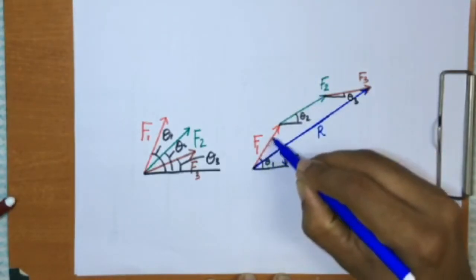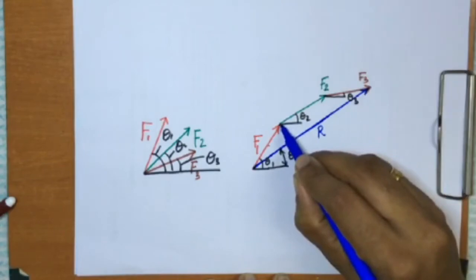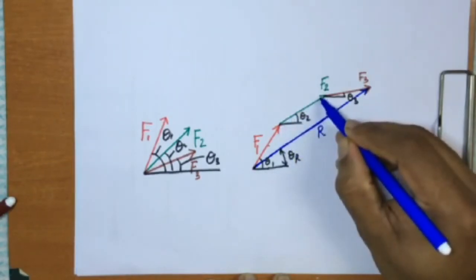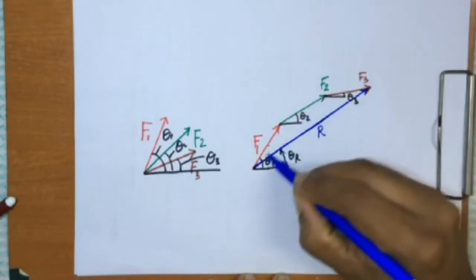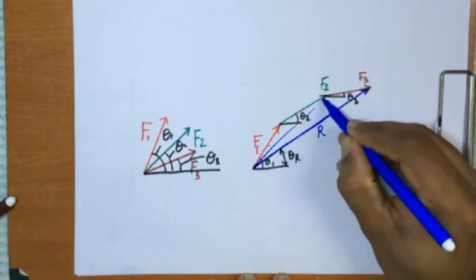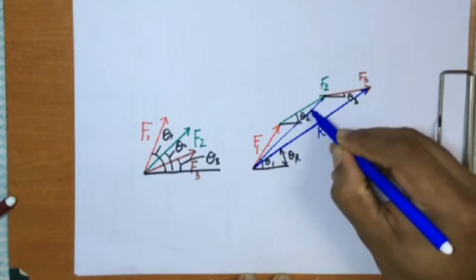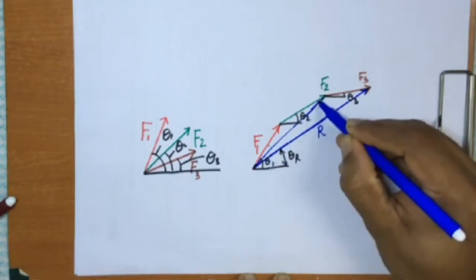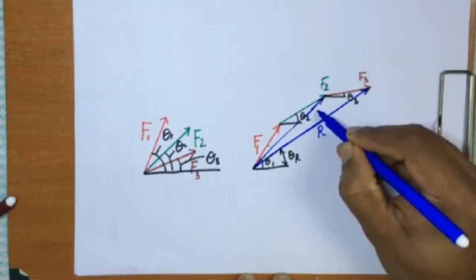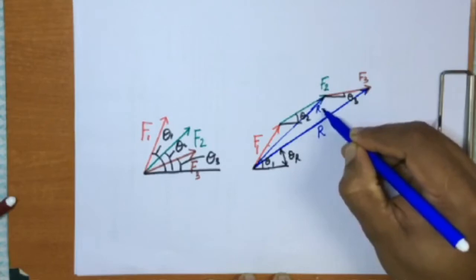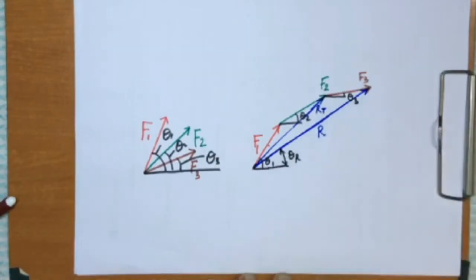So that is like this, F1, and at the head of F1 I keep the force vector F2, and the resultant is like this. Say this is a temporary resultant, so I will name that as RT, that is temporary resultant.